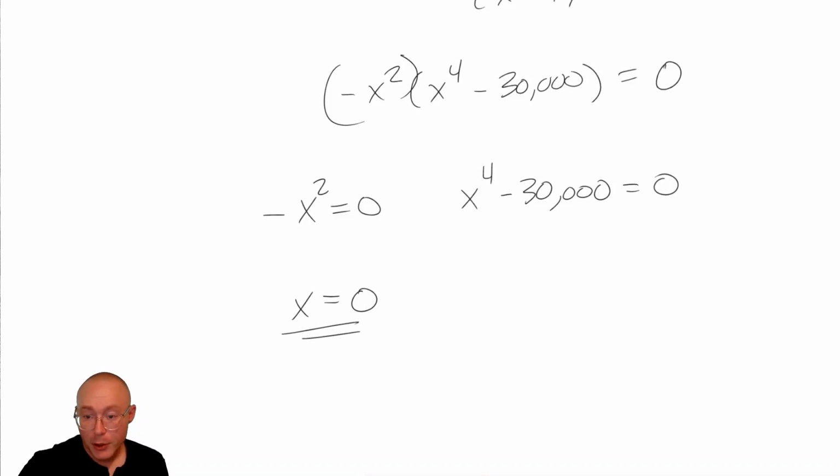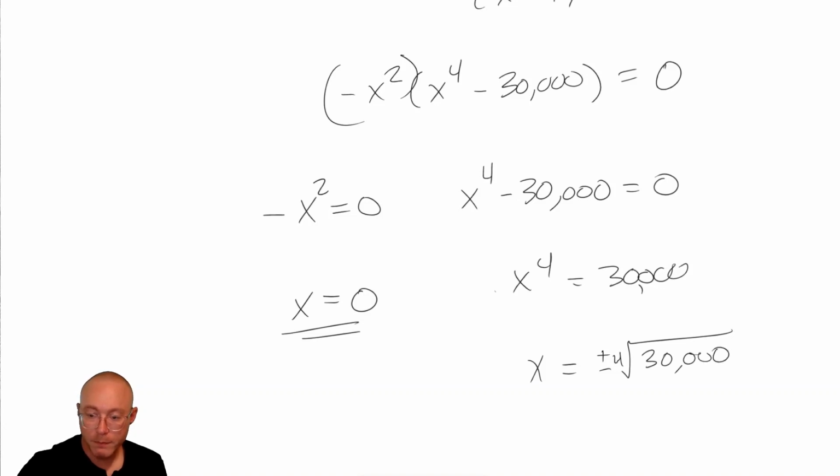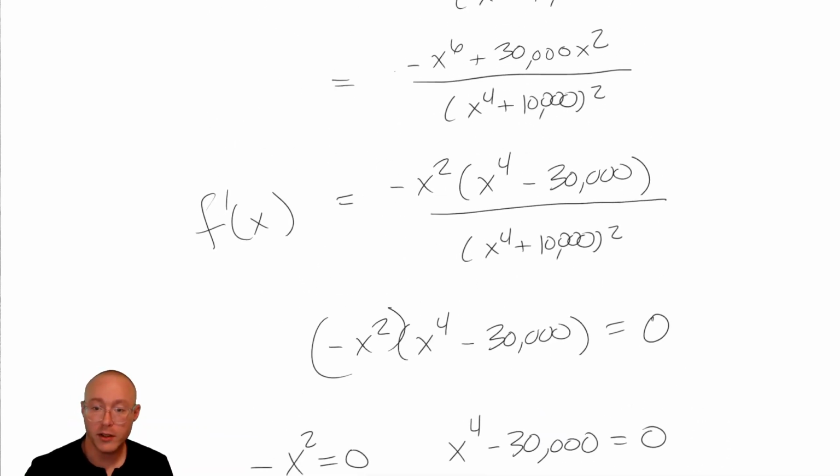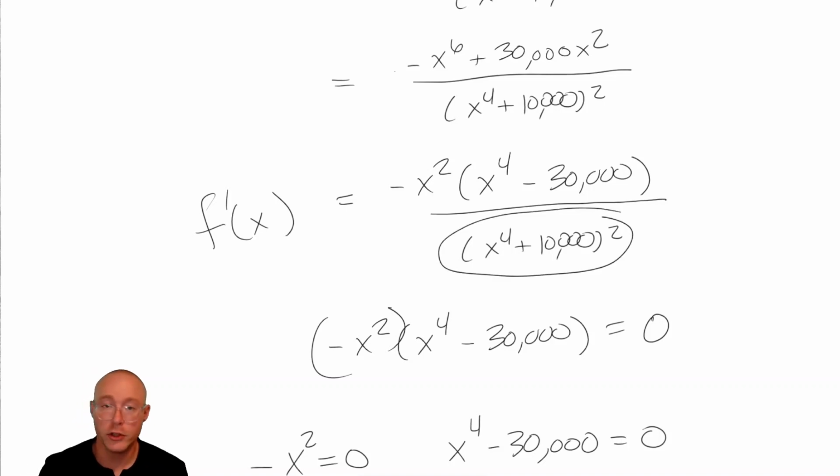And over here, if we add 30,000 to both sides, we're going to see that x to the fourth equals 30,000, and that x will have to be equal to the positive or negative fourth root of 30,000. Those are two other critical values. So that covers if our function's first derivative is equal to 0. We also want to see, is it possible for the denominator to equal 0, in which case the function's undefined.